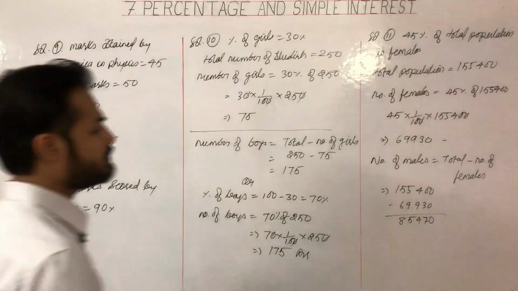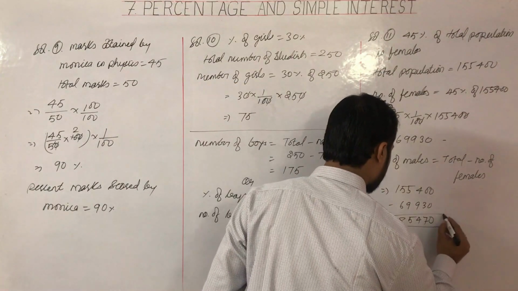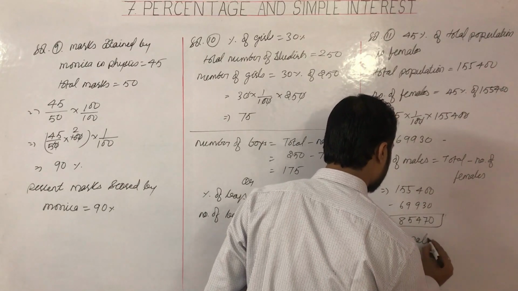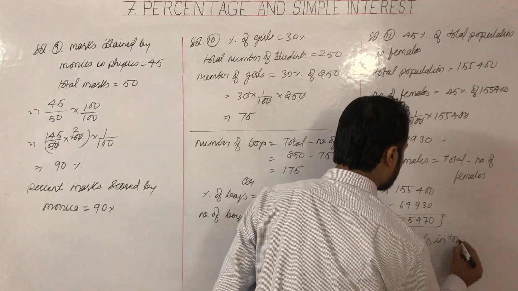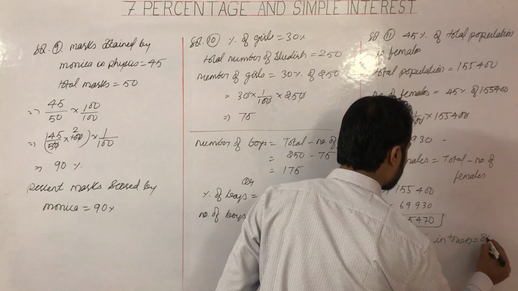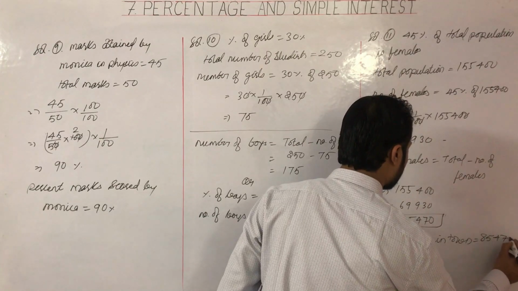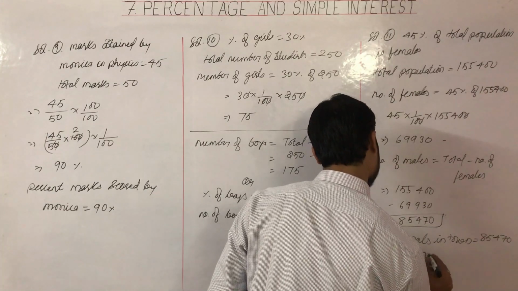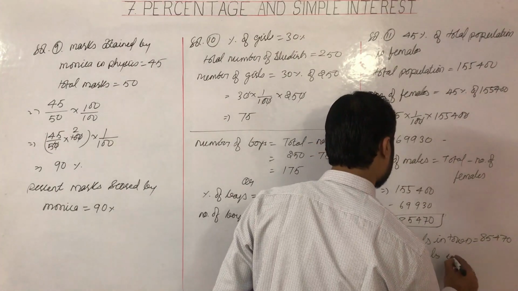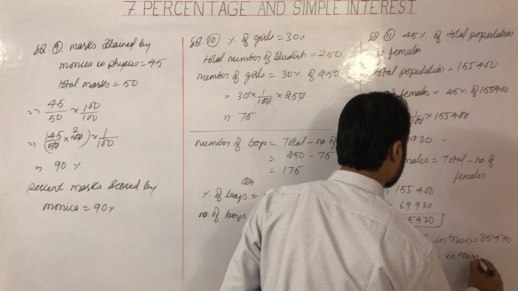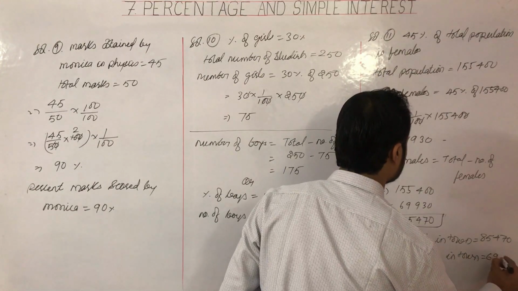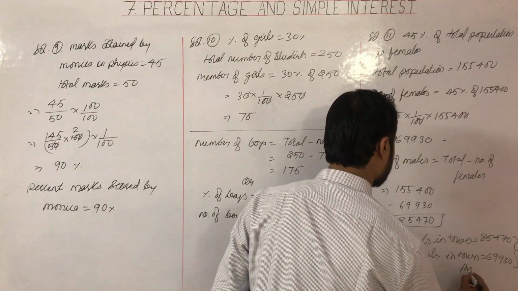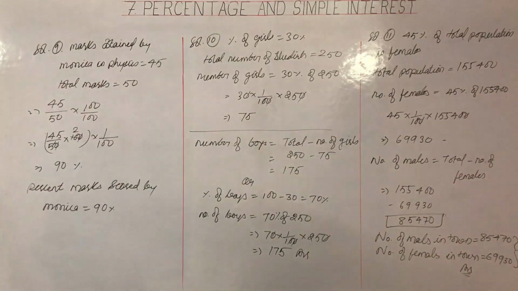So this is the number of males. So final answer, number of males in town 85,470, and number of females in town is 69930. Answer. So this is all from my side.